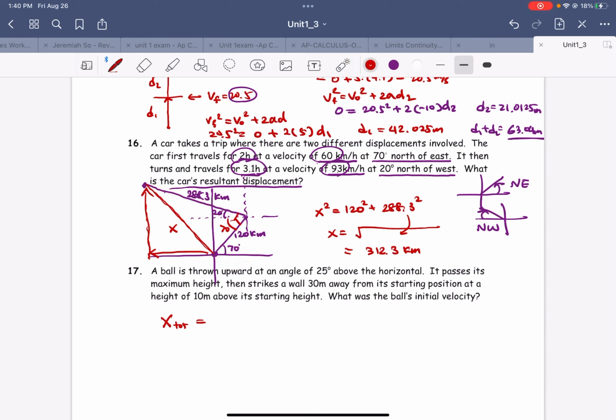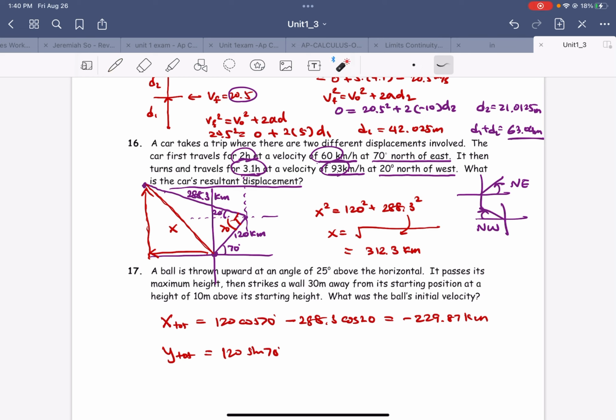So then you can say 120 cosine 70 degrees minus 288.3 kilometers cosine 20 degrees. When you use a calculator, you get negative 229.87 kilometers. Similarly, y total is 120 sine 70 degrees, which means for that portion, sine means right here.